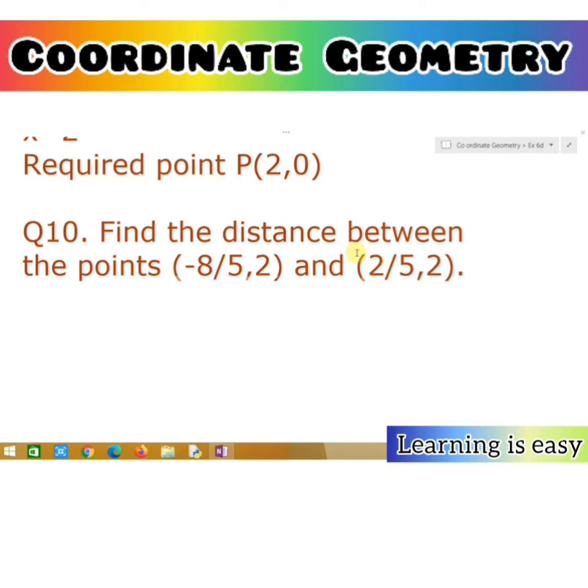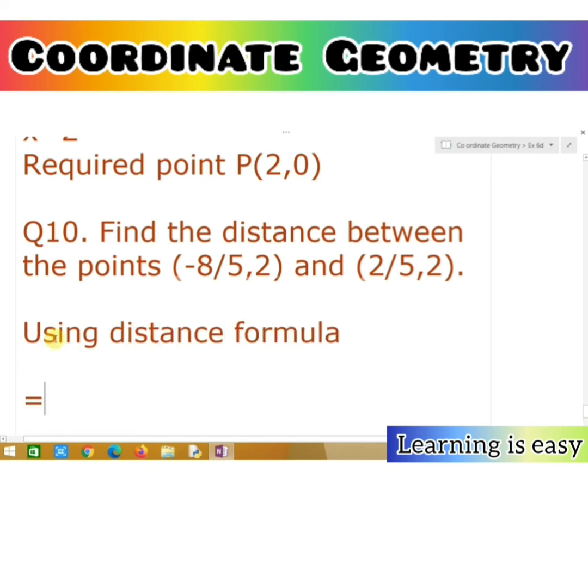Question 10. Find the distance between the points. So 2 points are given. It's a direct question, so using the distance formula, we can find square root of 2 by 5 minus of minus, that's plus 8 by 5 whole square plus 2 minus 2 whole square.